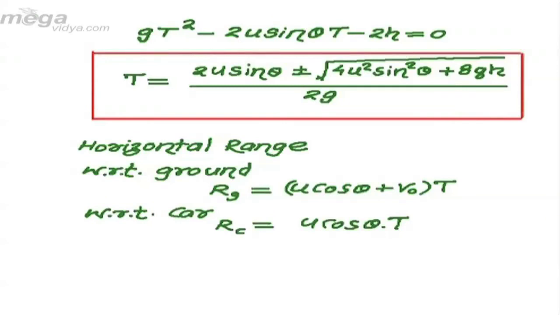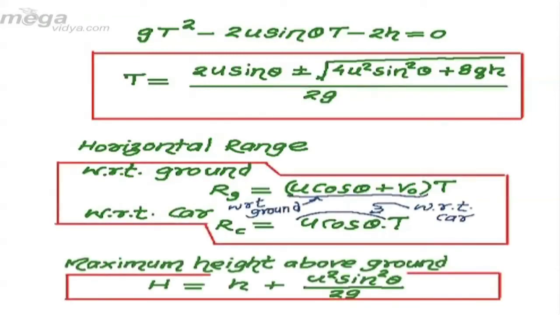What we are doing here is taking the velocity of the projectile with respect to the ground itself. Similarly, we can get the maximum height above the ground by calculating the maximum height above the point of projection plus the height from where the projectile is initially thrown above the ground.